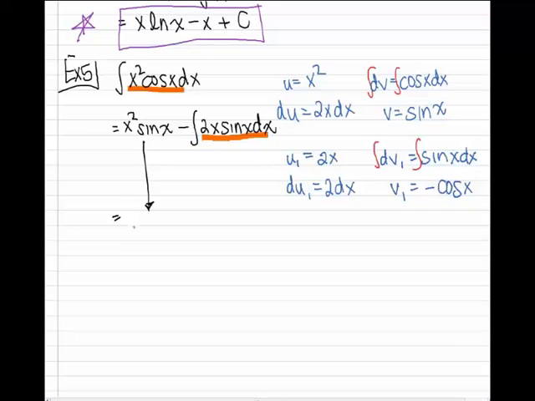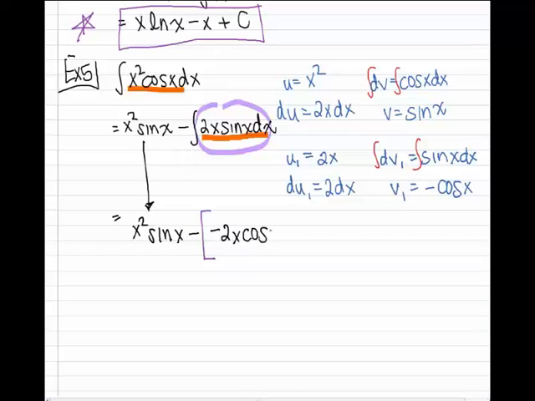This is going to be x squared sine x minus, and this whole thing is my integration by parts for this new one over here. So I need to make sure that it's minus this whole thing. So that's going to be uv, so negative 2x cosine x minus the integral of v du.